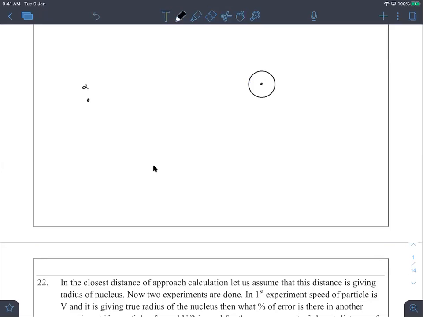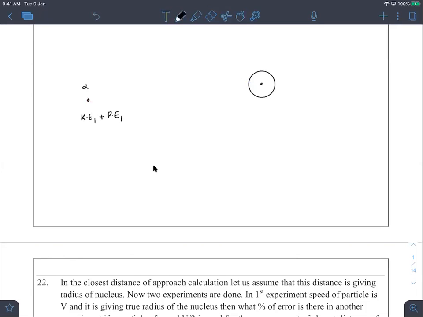Now here, as this alpha particle travels from here, before it starts to hit the nucleus, it would have kinetic energy and potential energy is 0. Got it? Potential energy is 0 because at this point, it is too far for having any attraction or repulsion.